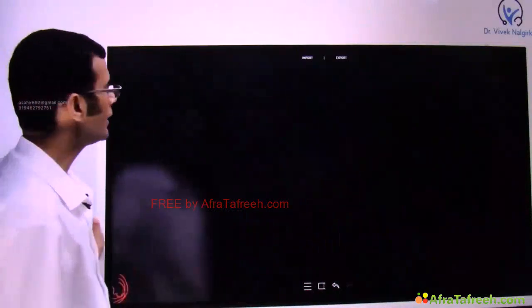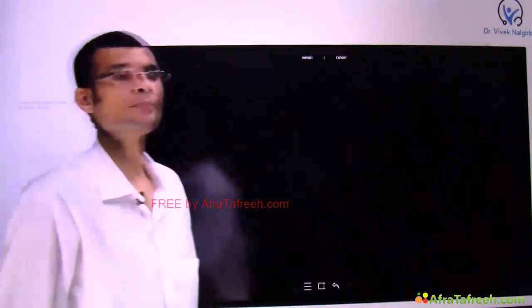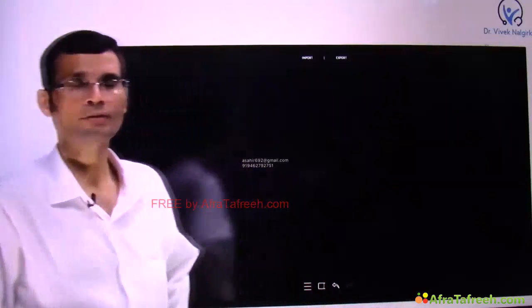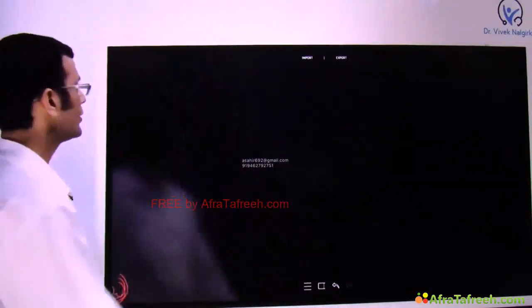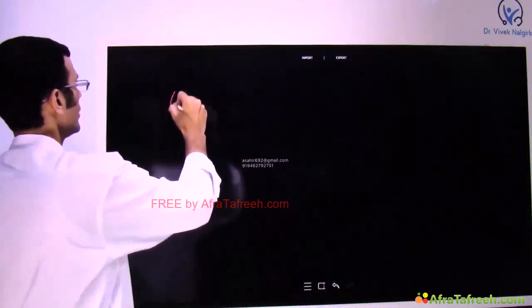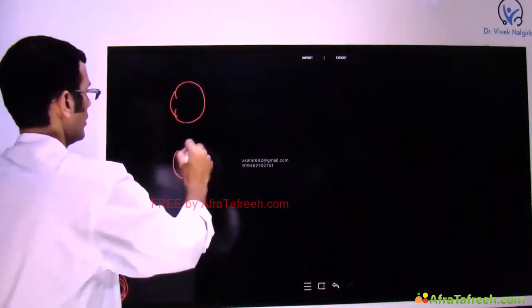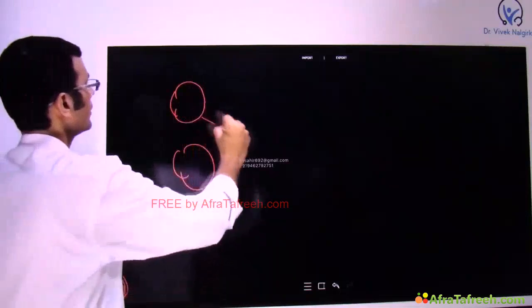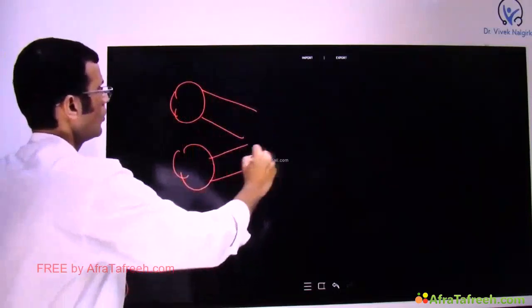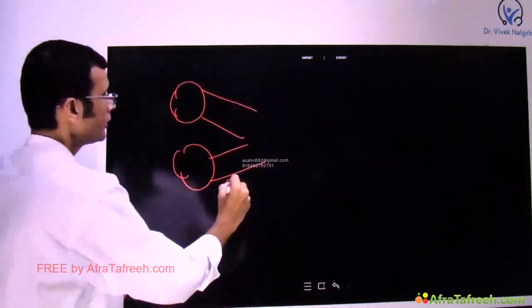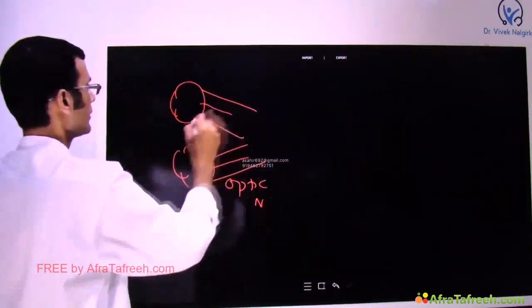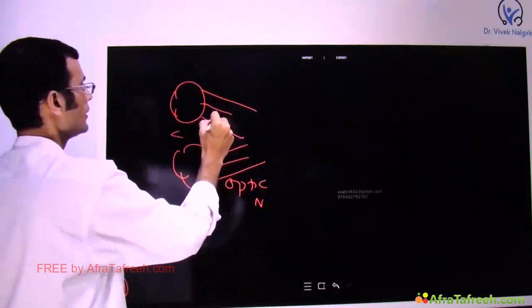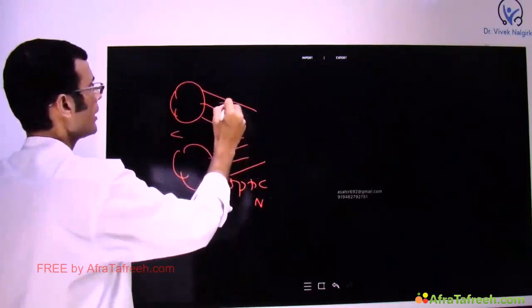Let us finally see the visual pathway, the structures associated with the visual pathway, and effects of lesions in the visual pathway. There is optic nerve, the second cranial nerve, which has two groups of fibers, the nasal fibers and the temporal fibers.